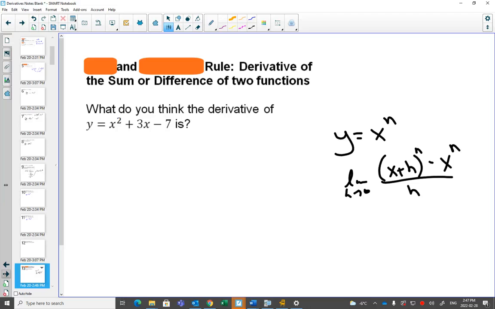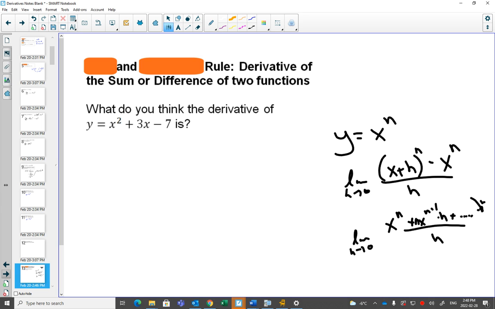So here you'd have to use Pascal's triangle and say this will be the limit as h goes to 0 of x to the n plus x to the n minus 1 times h plus, and there'd be an n in front of that from expanding it completely using Pascal's triangle. Plus dot, dot, dot, until you subtract your x to the n all over h.